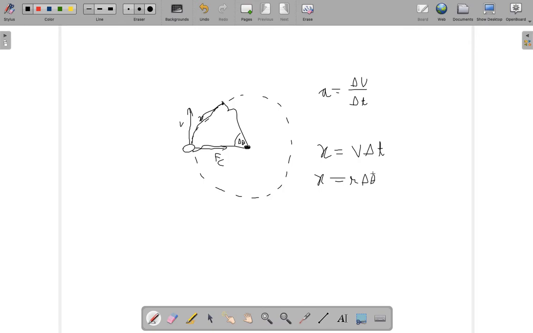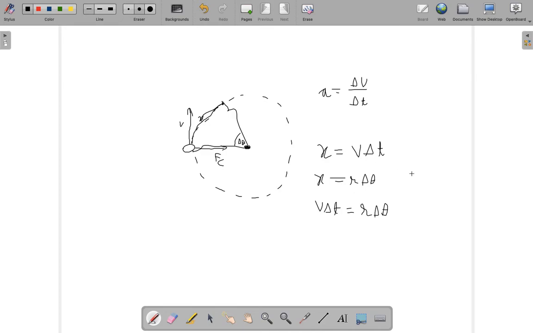This is just using our knowledge of circles. So now we can equate these two to each other, giving us velocity times change in time equals the radius times the change in the angle theta.